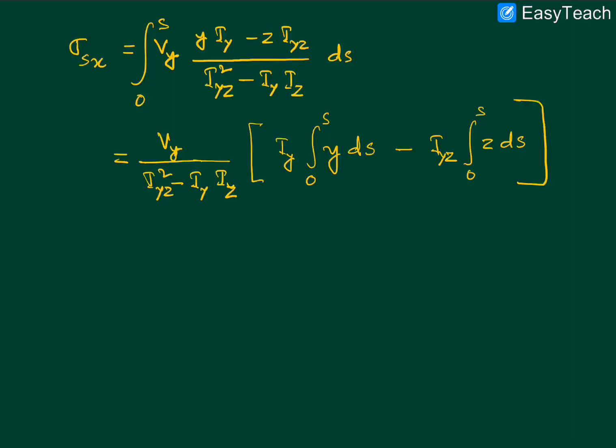So in each of these integrations, instead of just the ds, which depicts the length along the thin wall cross section, suppose we multiply this ds by the thickness, then the t ds would be representing an elemental area of the cross section. Similarly, if we multiply this ds by t, then it will be representing an elemental area.